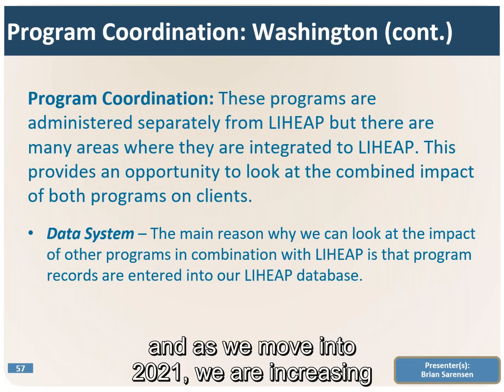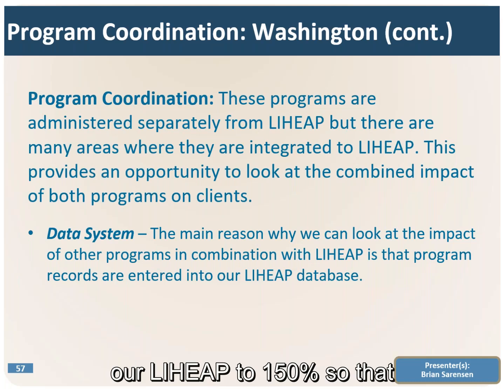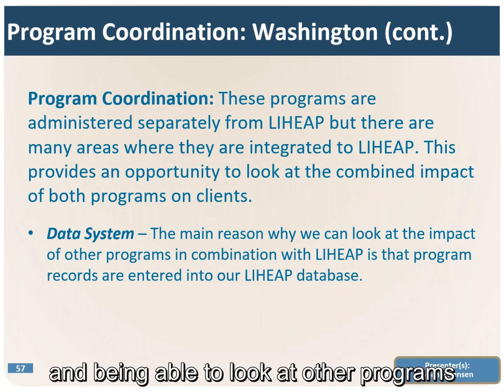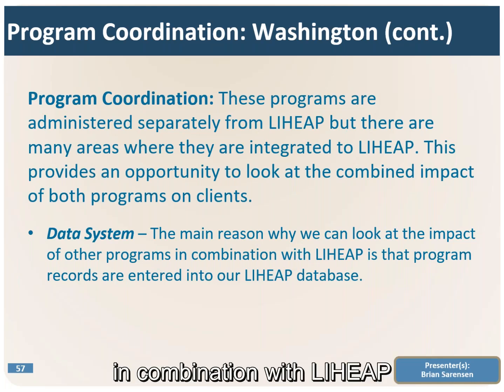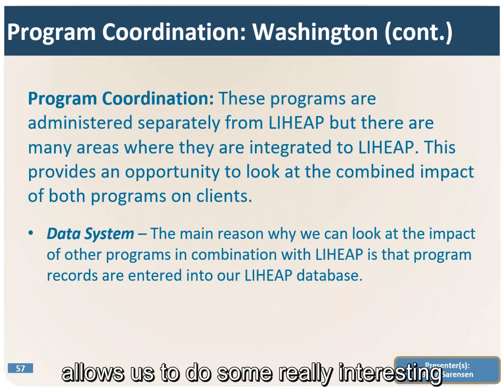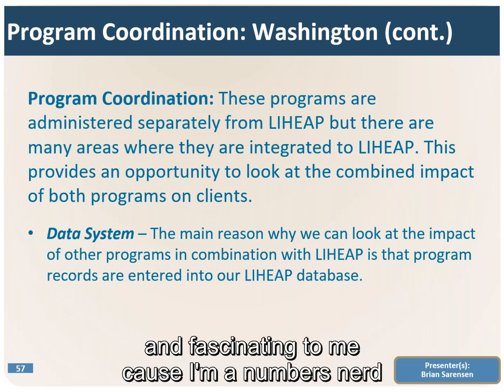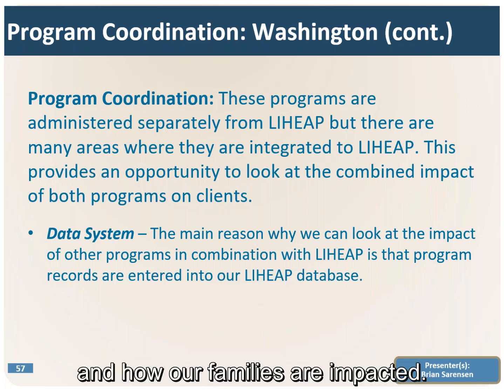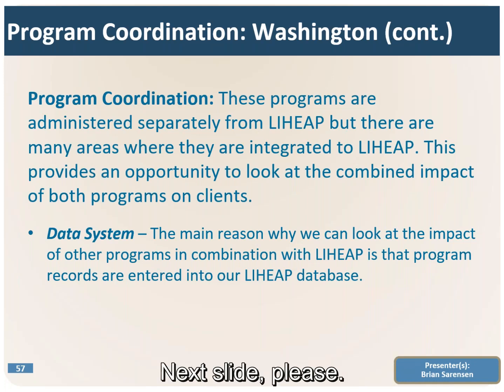And as we move into 2021, we are increasing our LIHEAP to 150% so that everything runs on the same income guidelines inside our data system. And being able to look at other programs in combination with LIHEAP allows us to do some really interesting analysis, fascinating to me because I'm a numbers nerd, that allows us to really look at heat costs, heat burdens, and how our families are impacted. Next slide, please.